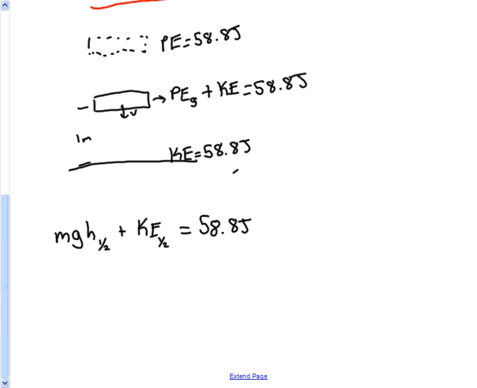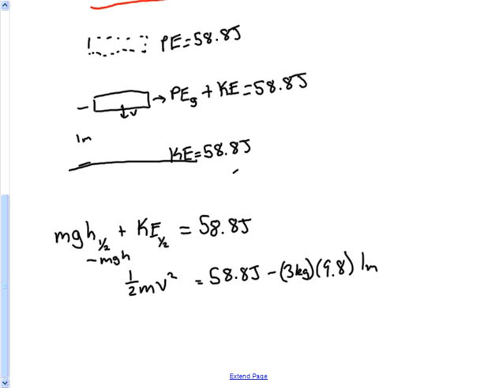has to be equal to 58.8 joules. Okay, well, if we're looking for the velocity, how fast it's going, then we're interested in the kinetic energy because that is 1/2 mass times velocity squared. We're going to subtract this mgh to the other side. It gives us 58.8 joules, subtracting the mass times gravity times height, so 3 kilograms times 9.8 times 1 meter.